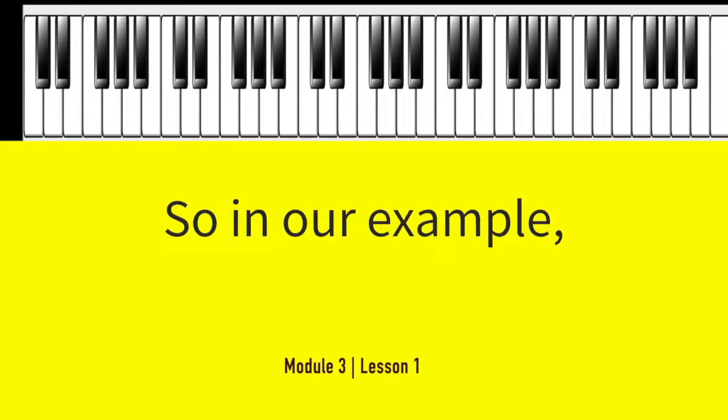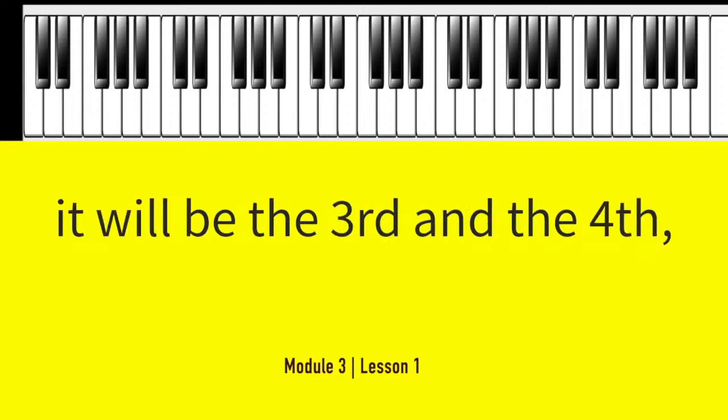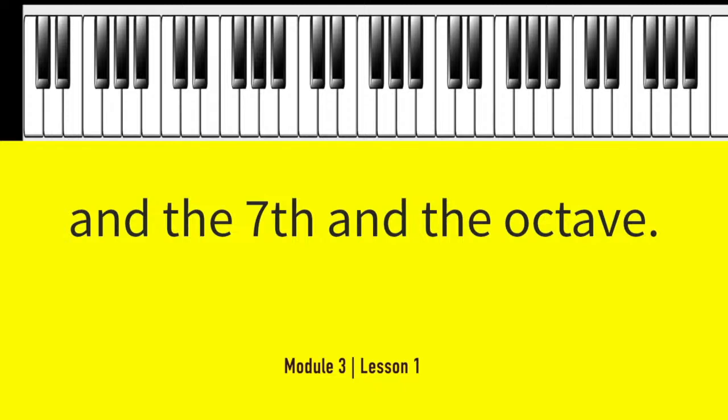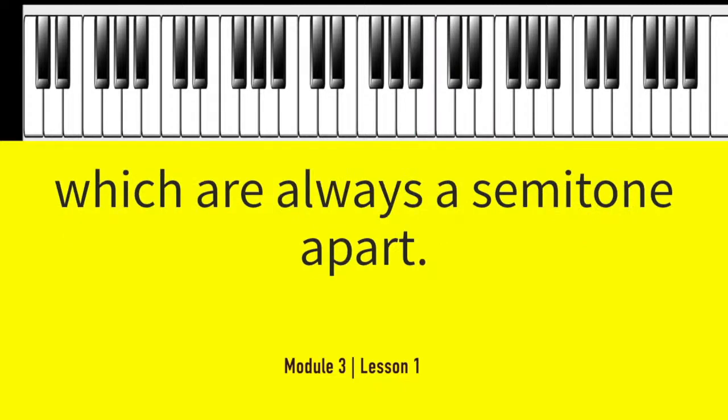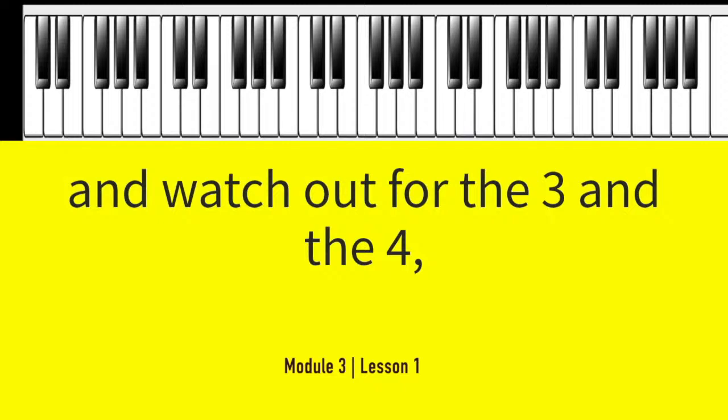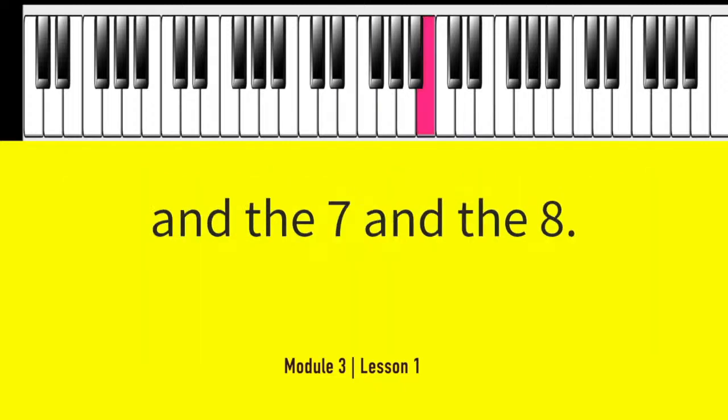So in our example, it'll be the third and the fourth, which are always a semitone apart, and the seventh and the octave, which are always a semitone apart. Let me play you the scale one more time and watch out for the 3 and the 4 and the 7 and the 8.